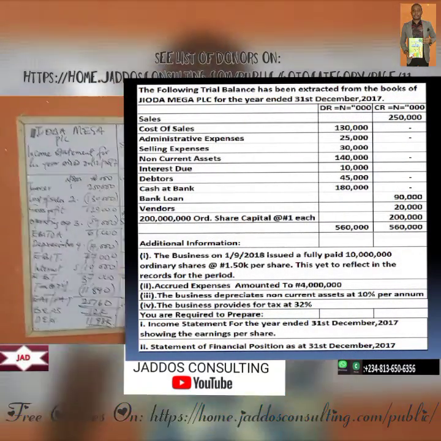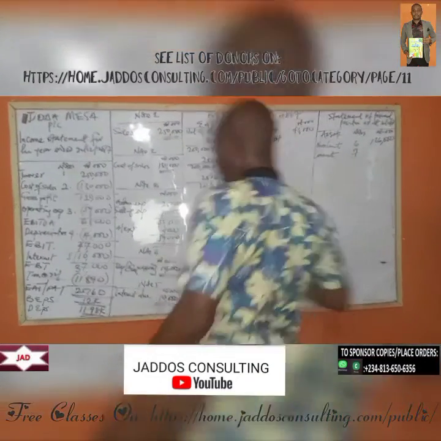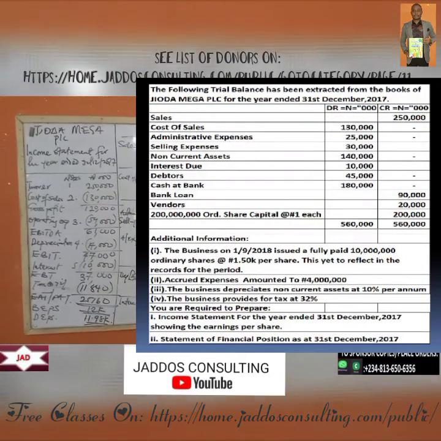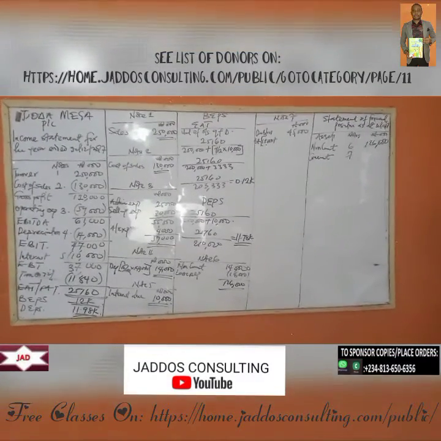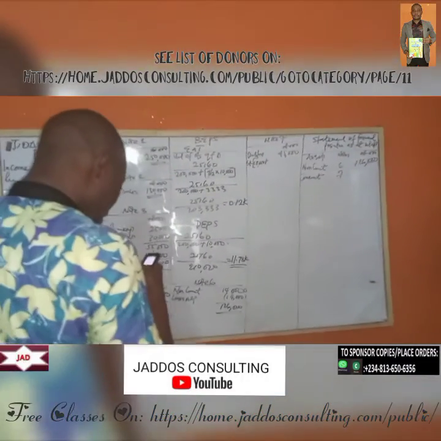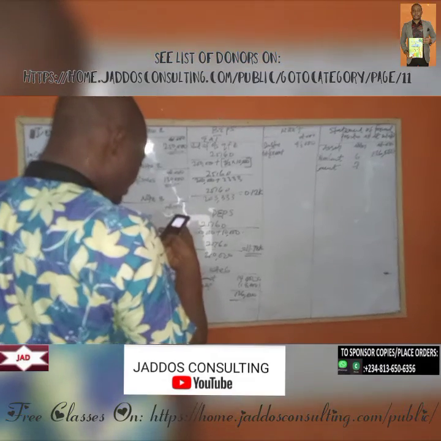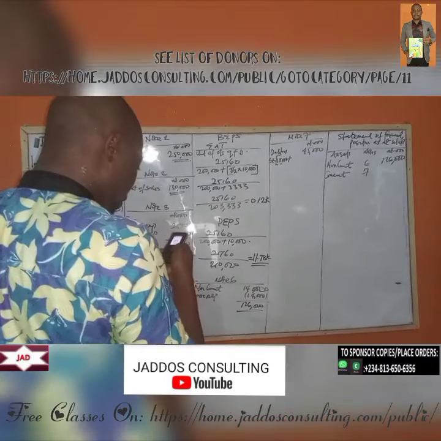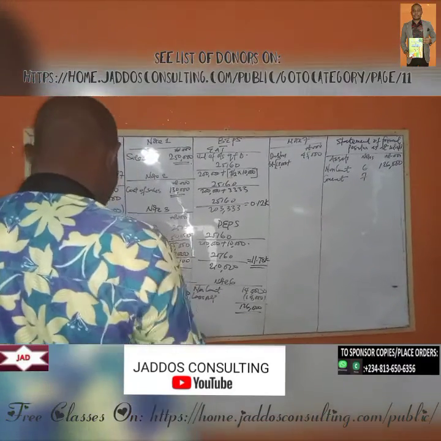Remember, our bank now will be 180,000 plus the new share issue. There's 10 million times 150 kobo.